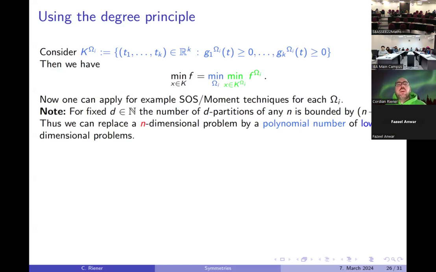Of course, if I had exponentially many lower dimensional problems to solve, this wouldn't be a very smart approach, though maybe still better than being stuck with the n-dimensional problem. But implicitly, what you can show is that for a symmetric polynomial optimization problem where the degrees are fixed, the complexity of solving it is just polynomial in n by this very simple reduction.